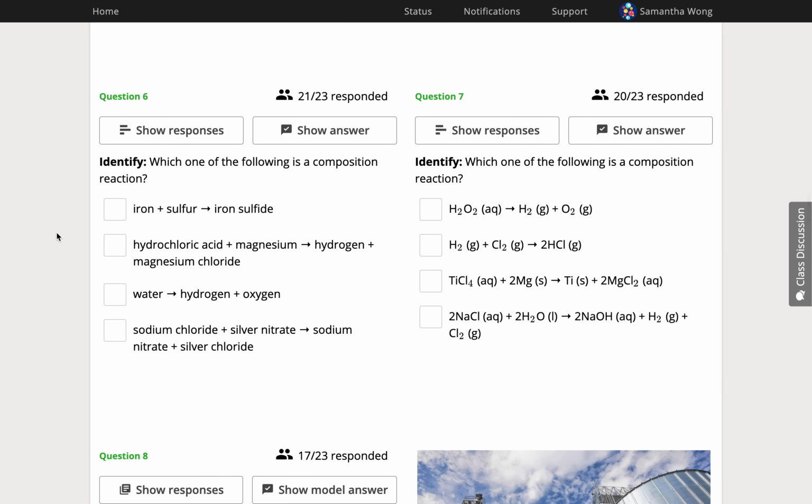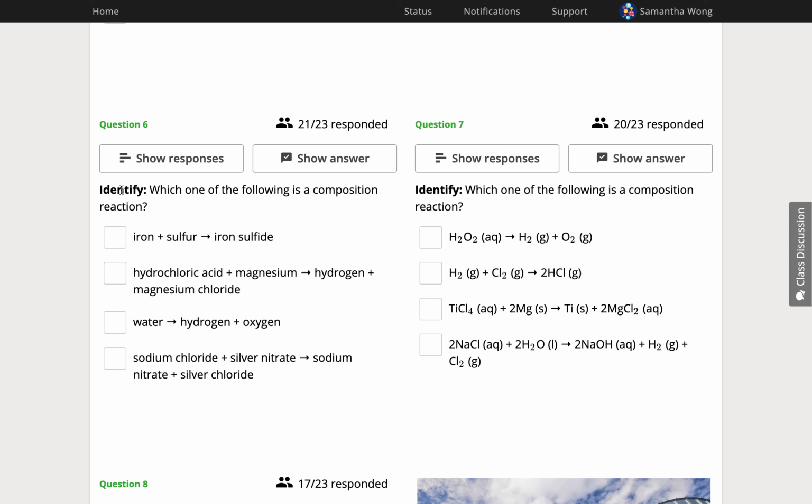Now, number 6. Which of the following is a composition reaction? Keeping in mind that a composition reaction is when 2 or more reactants combine together to give you one product. So keeping that in mind, we can automatically rule out anything that has 2 or more products.